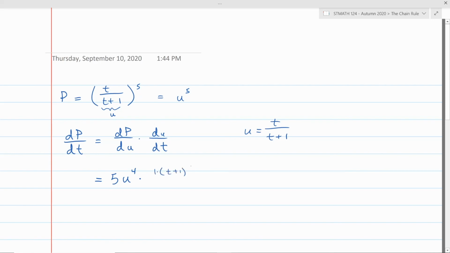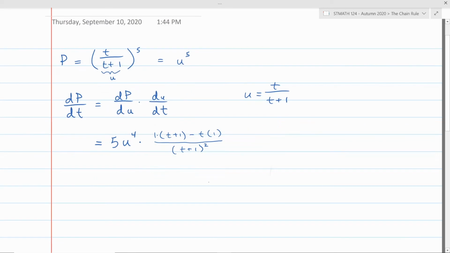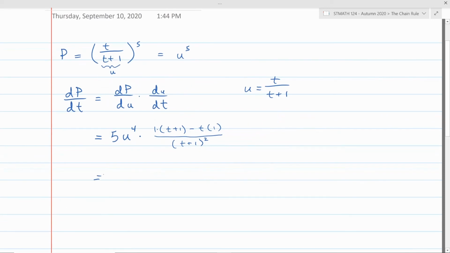Then we do minus top times the derivative of the bottom, that's 1. We just did this a minute ago, right? Over t plus 1 squared. And then you would just substitute back in what your u is. So you'd have 5 times, and then u was t over t plus 1 to the fifth. And then that one expression over there would have reduced to 1 over t plus 1 squared.